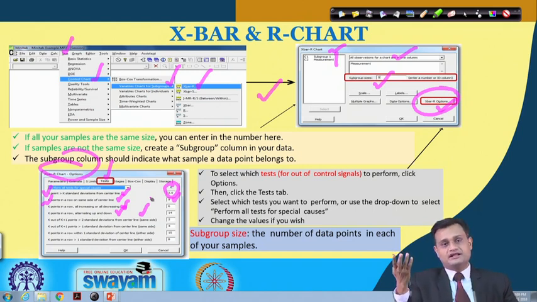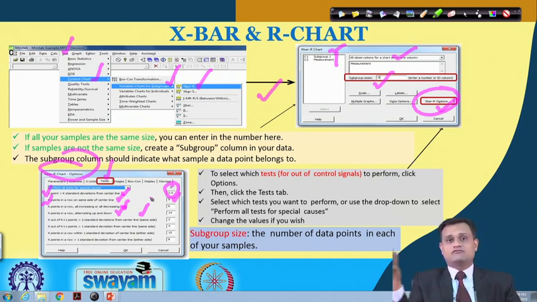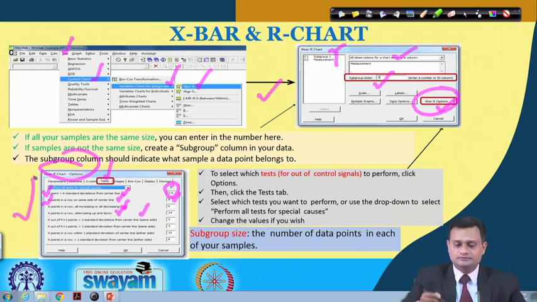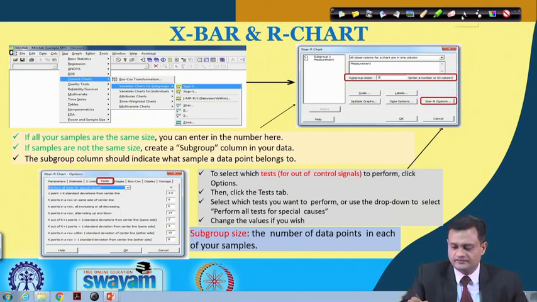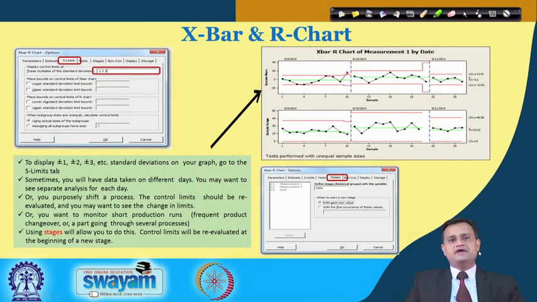Such kind of phenomena you would also like to capture, and for that there is a provision in Minitab. You would also like to set the warning limit and the control limit. All these things you can set in your Minitab window, and this will really give you a very comfortable way of maintaining, reading, and interpreting your control chart.